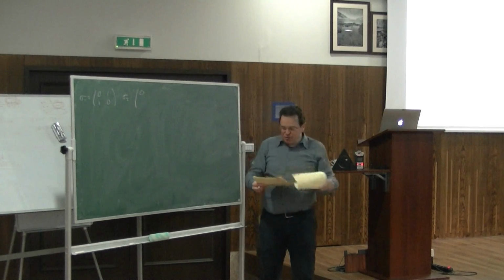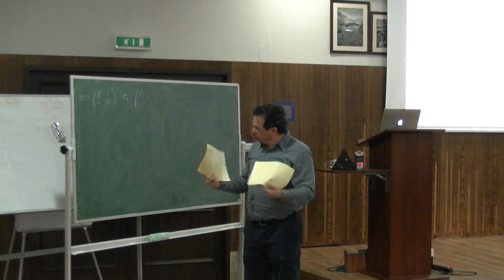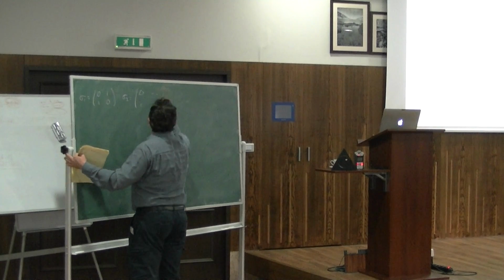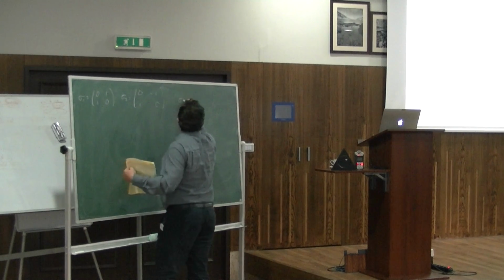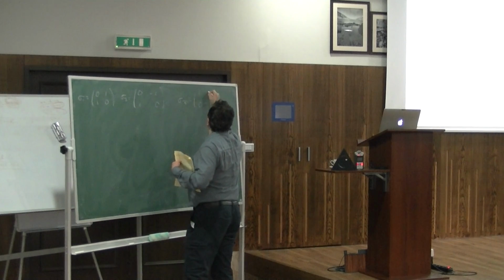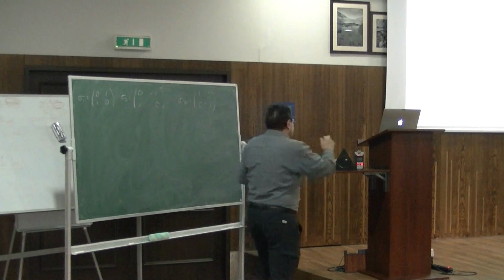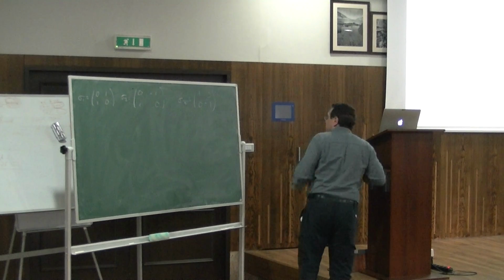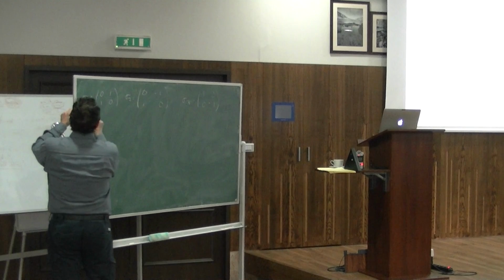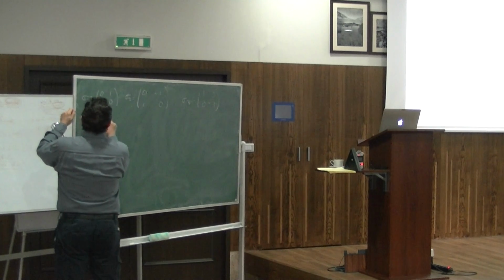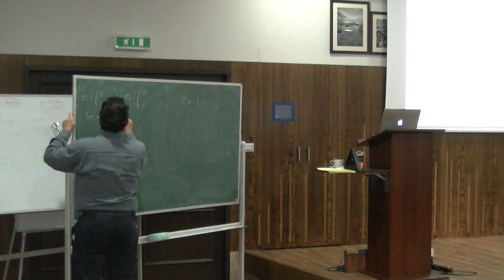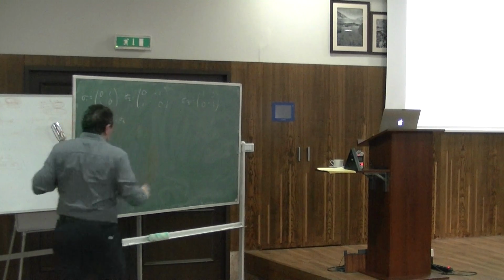It's important to make sure we get it right. Whatever. 0, minus i, i, 0, and sigma 3 is 1, 0, 0, minus 1. Okay, fine. So these are the usual Pauli matrices that you're familiar with, and they satisfy, of course, commutator sigma 1, sigma 2 is what? This is going to be 2i sigma 3, and so on.